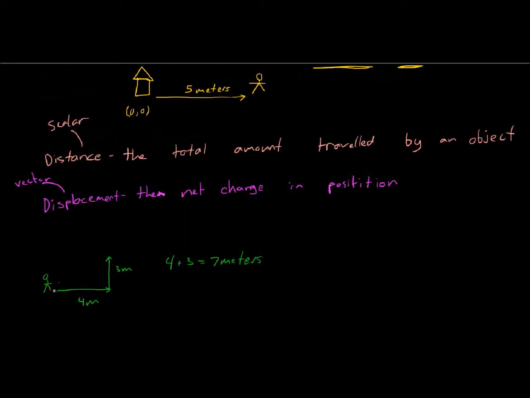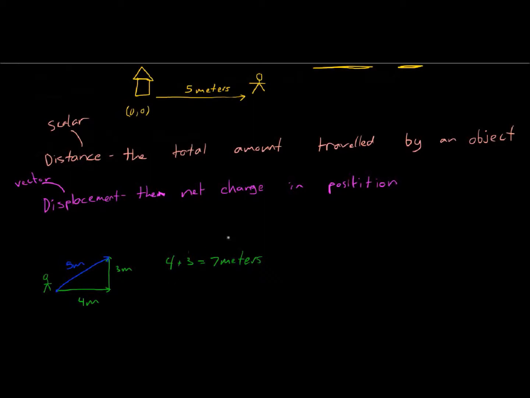So if my position is right here, generally we pick where we start as the origin in most cases. So we can say that I went from 0, 0 to up here, which is going to be 4, 3 if we're in a coordinate system. So my displacement is going to be the length of this line that goes directly from where I started to where I end. And if you know a little bit about the Pythagorean theorem, you know that this is 5 meters.